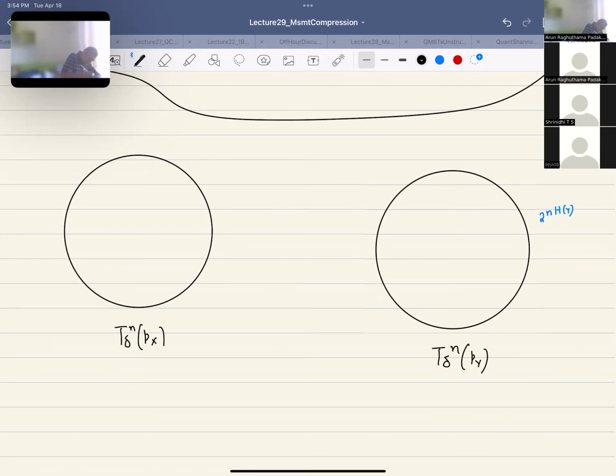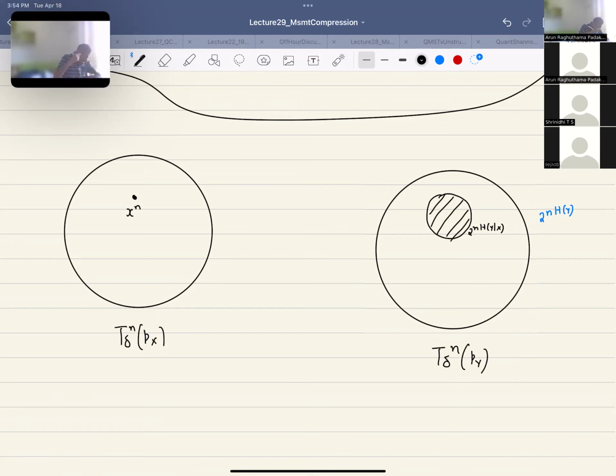So what is nature doing? If nature pulls out a particular x^n, there is a ball of size 2 power n H of Y given X sequences, and nature is going to pull out a y^n uniformly distributed in this small black ball.